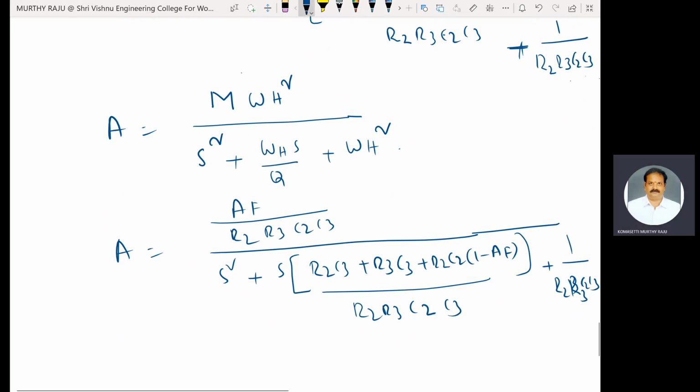Compare this one. Omega H by Q is equal to this term. M is equal to AF. Omega H square is equal to 1 by R2 R3 C2 C3.